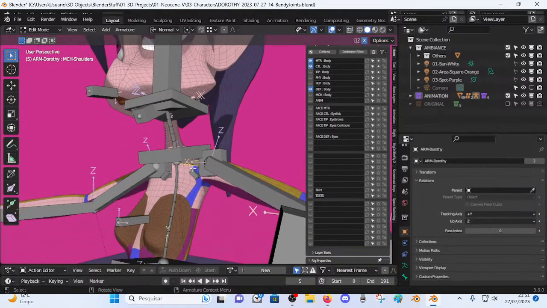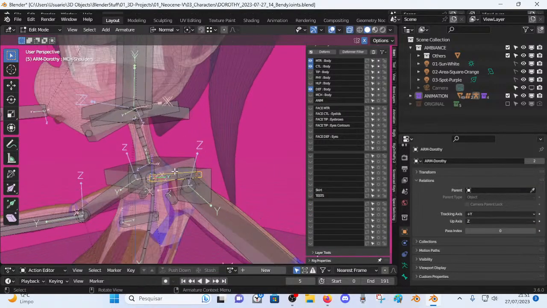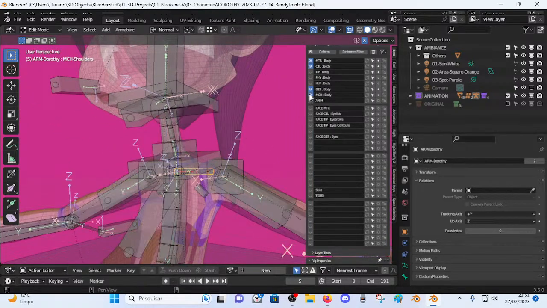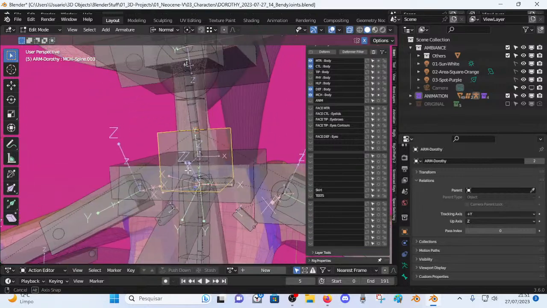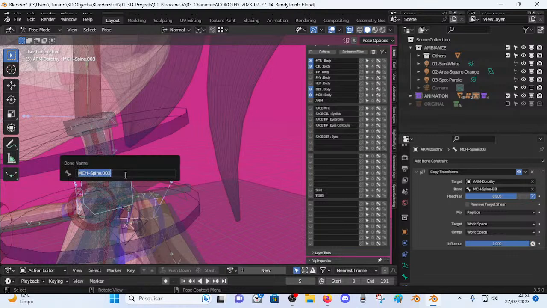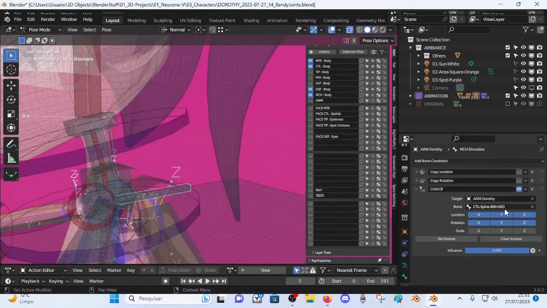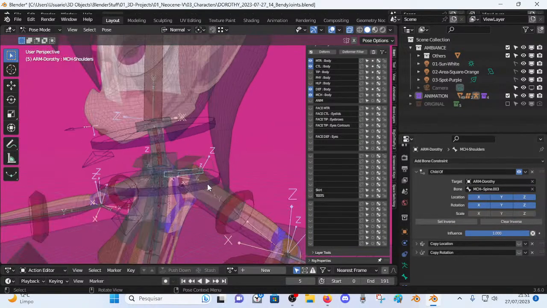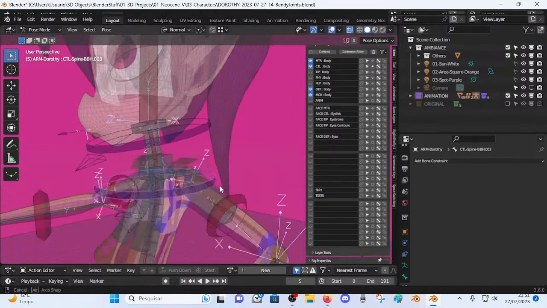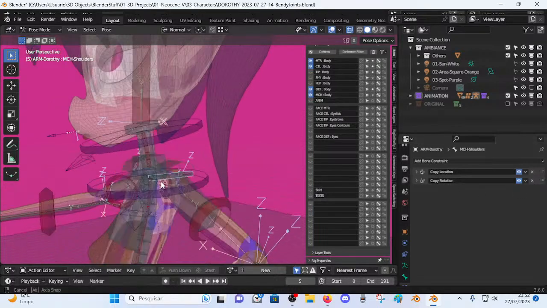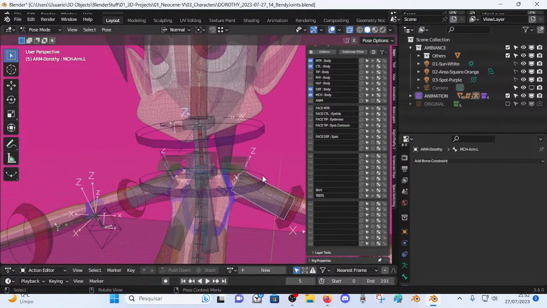Wait, oh no, it is hidden here. So I was in another layer, so maybe it was not a problem of the child of bone constraint. No, maybe I made some change to the rig, well, whatever, I'm not using this anyways. I prefer to use this instead.